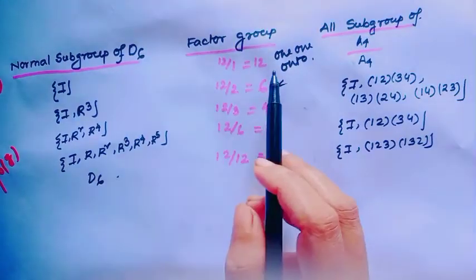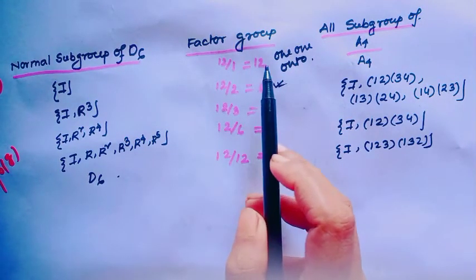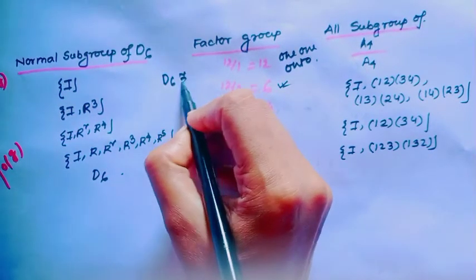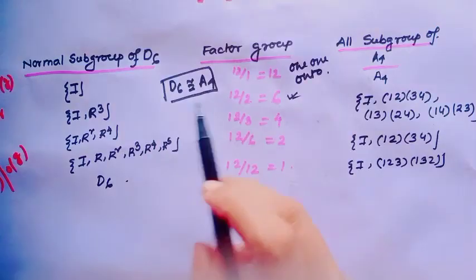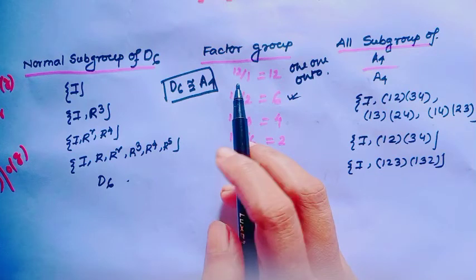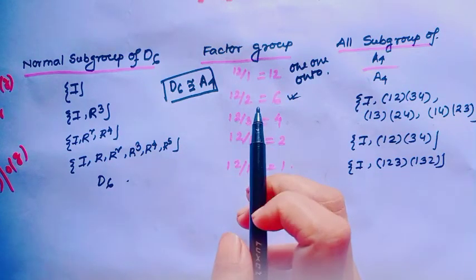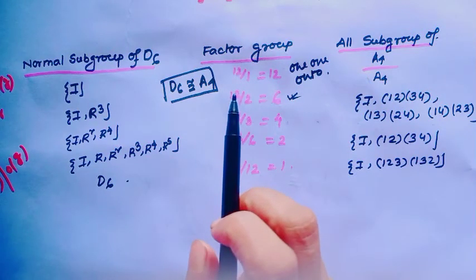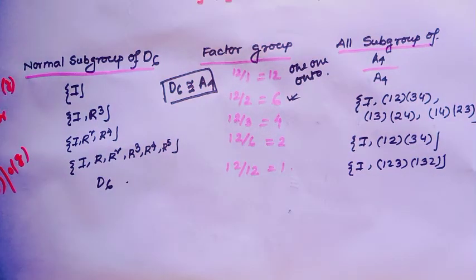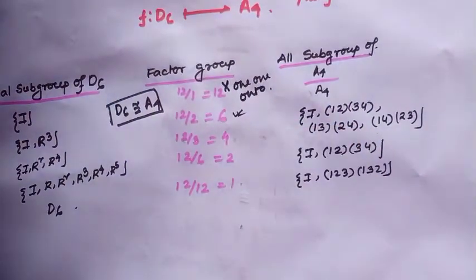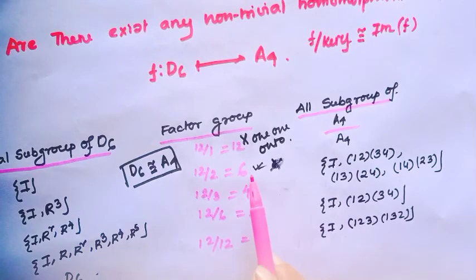That means if we consider this factor group, then D6 would be isomorphic to A4, but this is not possible, because we all know D6 has a subgroup of order 6, but A4 has no subgroup of order 6. So this is not possible.